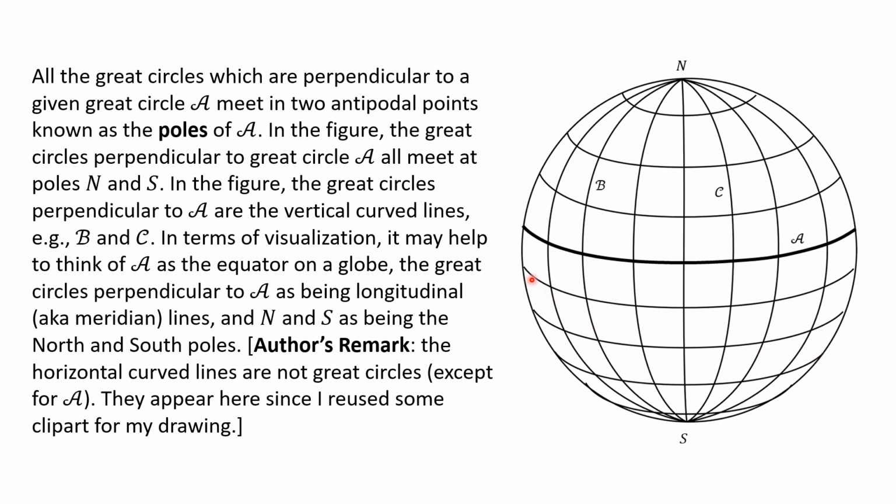Just a note here, these lines going this way are not great circles. I would have preferred not to have them in the figure, but I was reusing some clip art, so I just left them in here. But just focus on the lines going up and down, and then this great circle here at the equator.